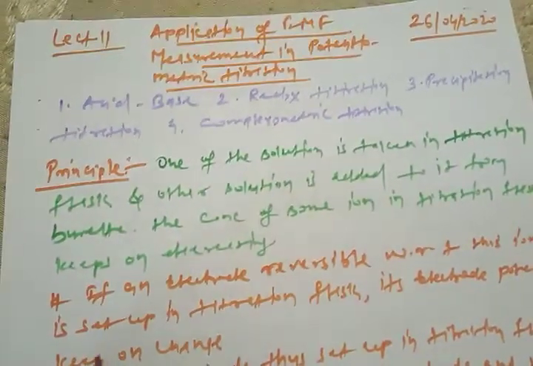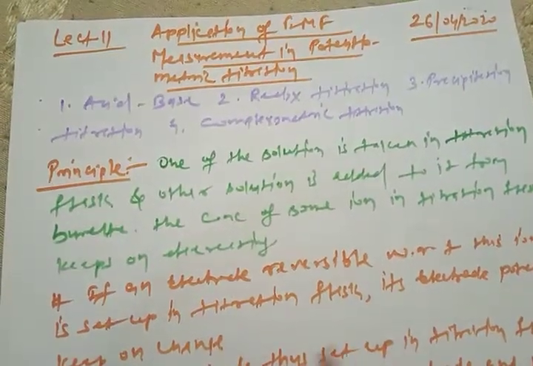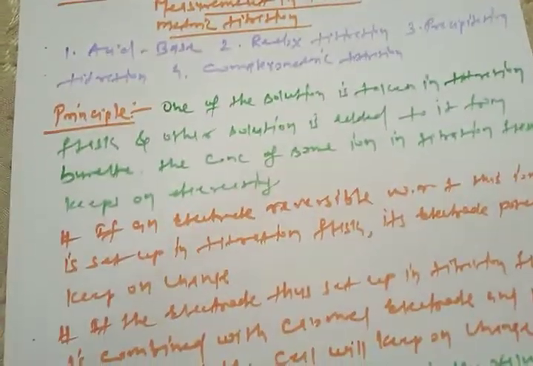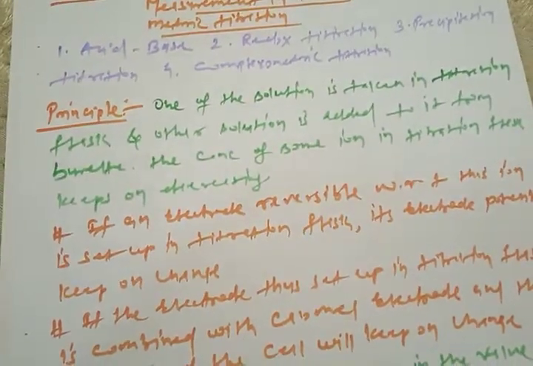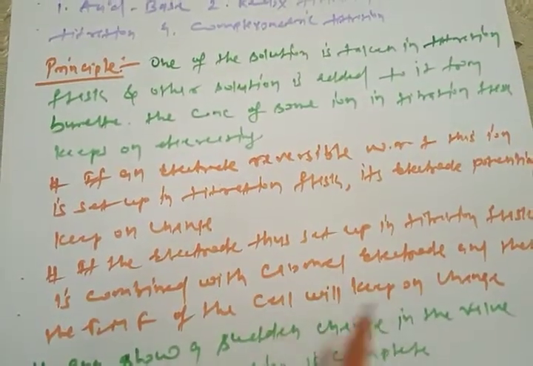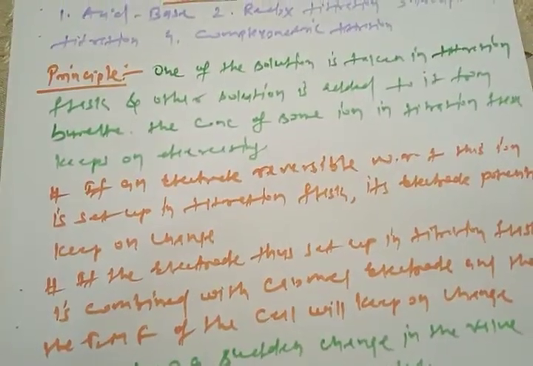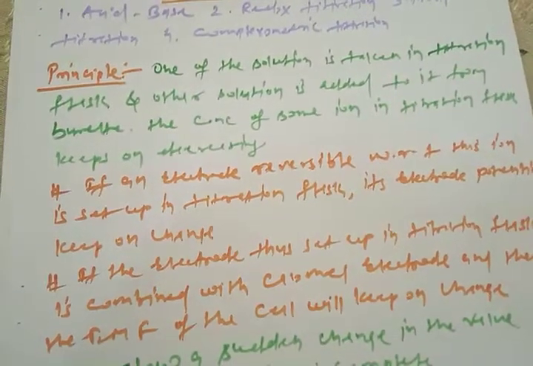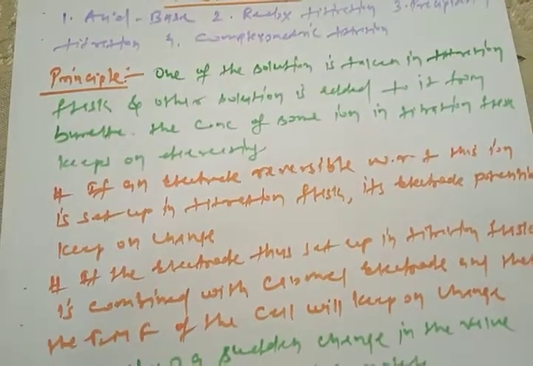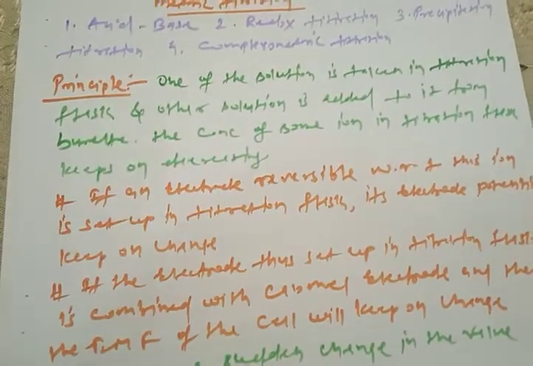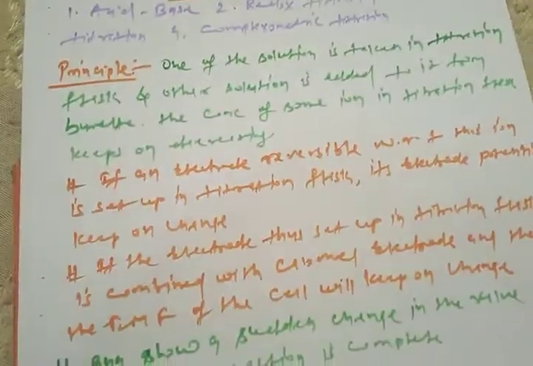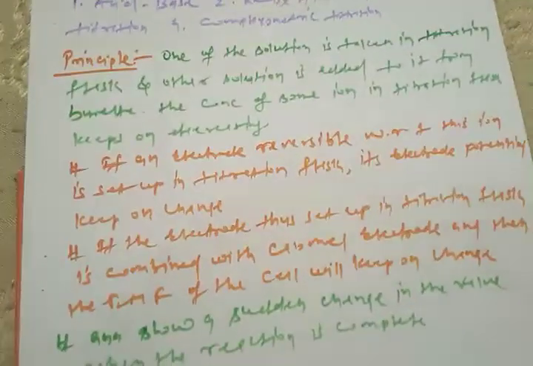The electrode potential will change if this electrode we have set up is connected with another reference electrode, that can be hydrogen or a calomel. In this case we'll take the calomel electrode, so we'll get an EMF value. That EMF changes consistently whenever you add solution from the burette. There is a point where the change is sudden, a sharp change, and that is the end point, the indication of completion of your reaction. So this is the principle behind this.